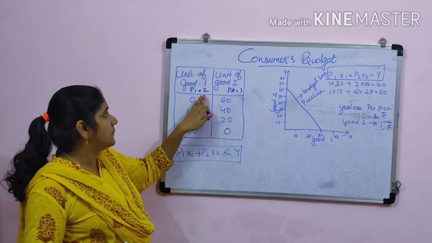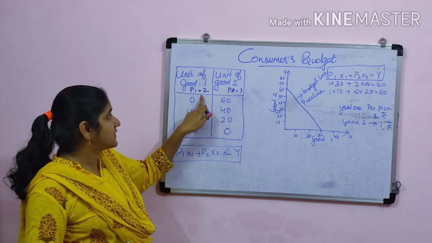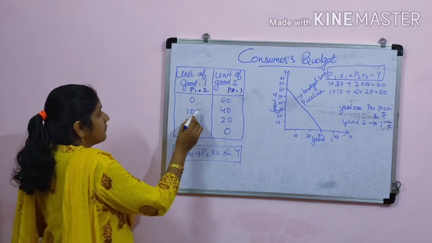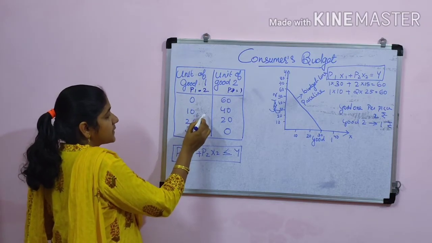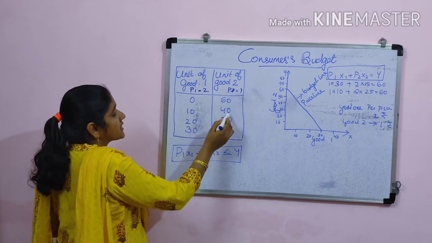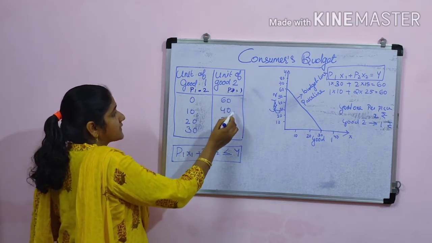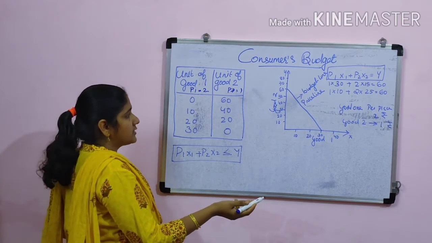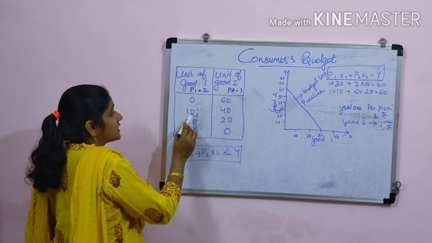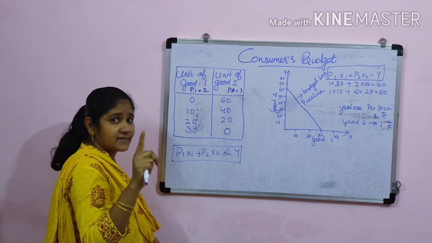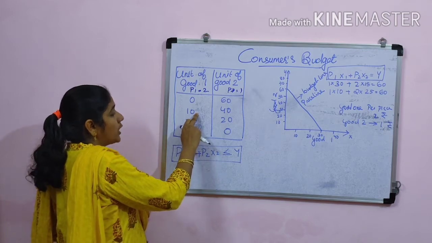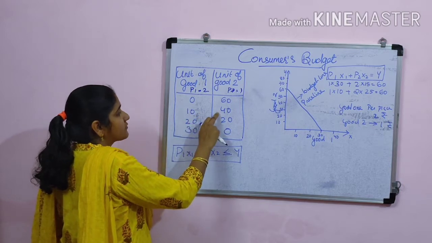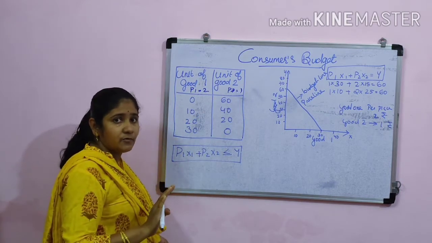So when the price of good number 1 is 2 rupees, it means 10 multiplied by 2, then the total expense will be 20. Here the commodity's quantity is 40, price is 1, then 40 into 1 is equal to 40. Then 20 plus 40, total expense will be 60.